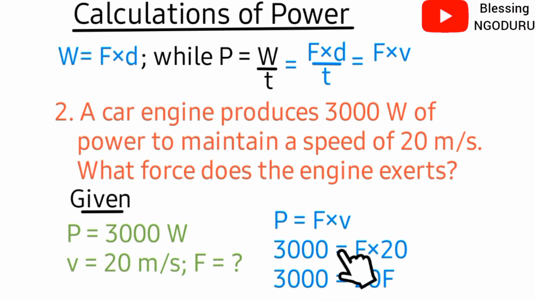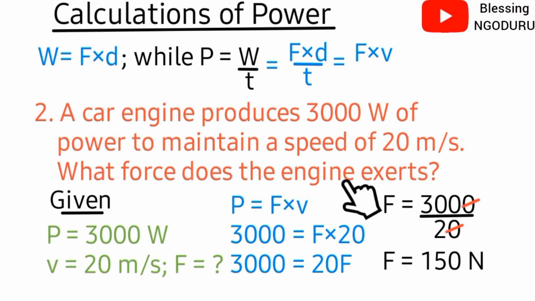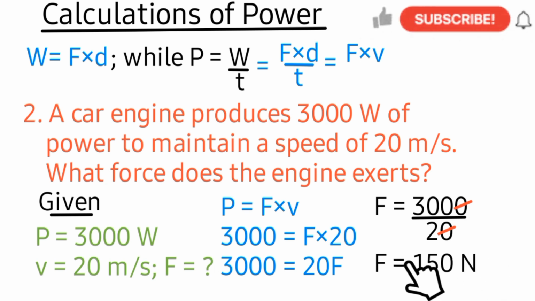So we have 3000 equal to F times 20, which gives 20F. Remember, what we are asked to find is the force F. Therefore, force equals 3000 divided by 20, which is 150. Therefore, the force that the engine exerts is 150 Newton. Remember, the SI unit of force is the Newton.